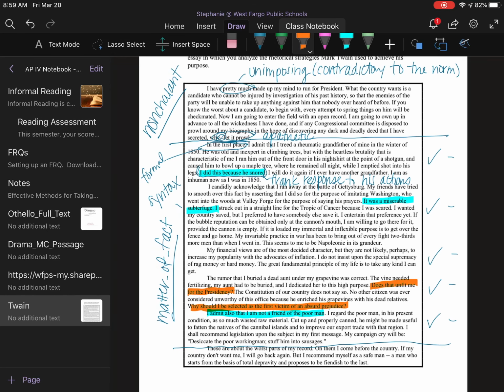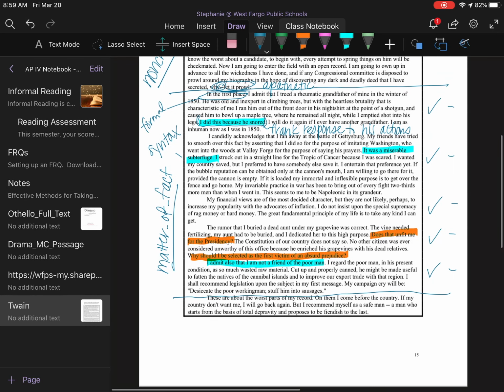That's where that irony falls in, okay? And then later he says, why should I be selected as the first victim of an absurd prejudice? Again, referring to how if people hold it against him that his aunt is buried in his backyard, it would be a rare prejudice, where again, we see the reality of that. So that use of rhetorical questioning could also highlight how he's being matter-of-fact as well.